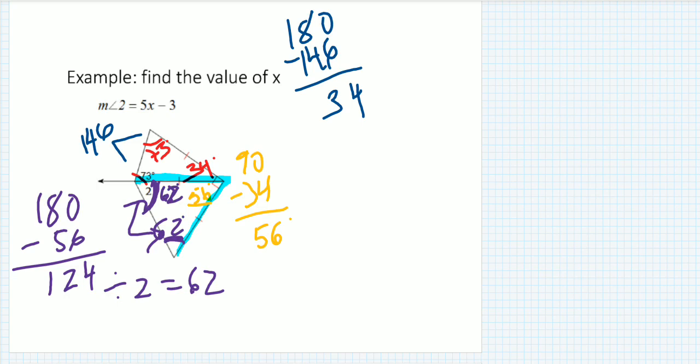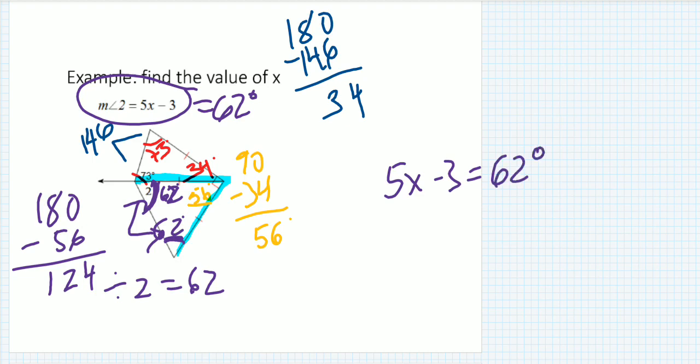And now this saves me a lot of time because if you notice, I put 62 right over where the 2 is at. So what that means is that this is equal to 62 degrees, okay? You have to do the work for this. There's no way around it. So technically this is the super important equation you need to solve. We isolate the variable by adding 3 on both sides.